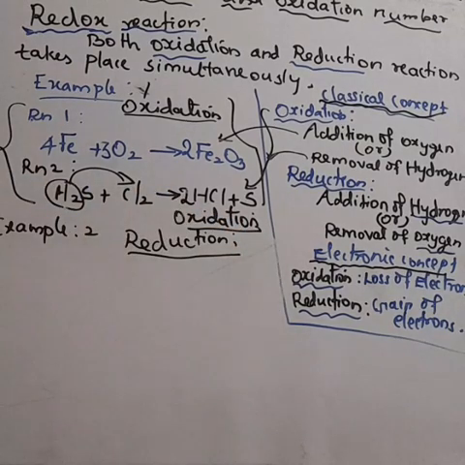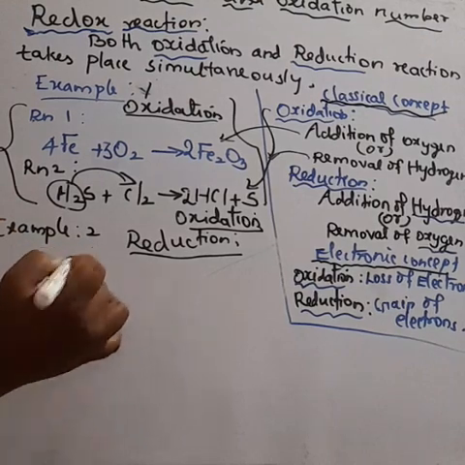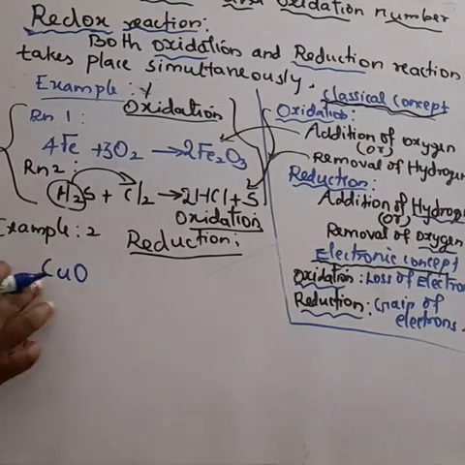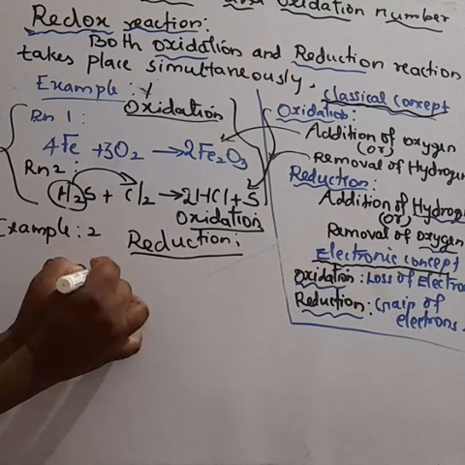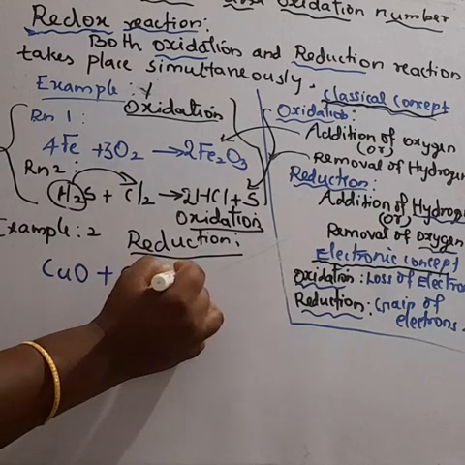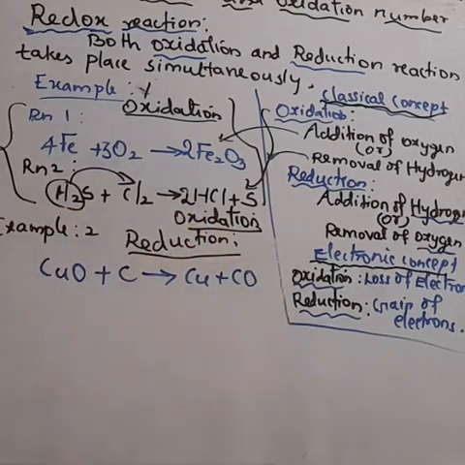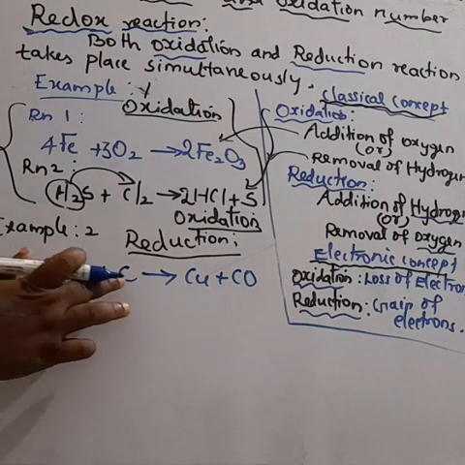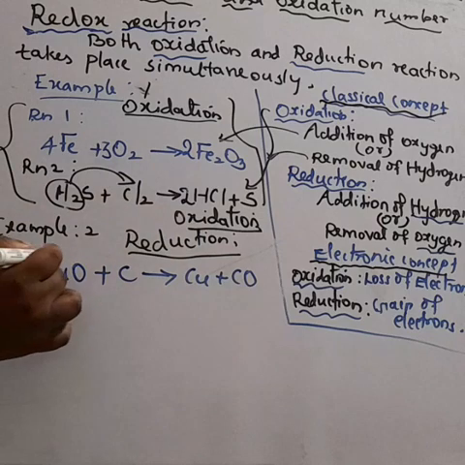Okay, one of the examples, consider one of the reactions, cupric oxide, CuO. What is the formula for cupric oxide? CuO. When it combines with carbon to form copper plus carbon monoxide. Here, which type of reaction takes place?